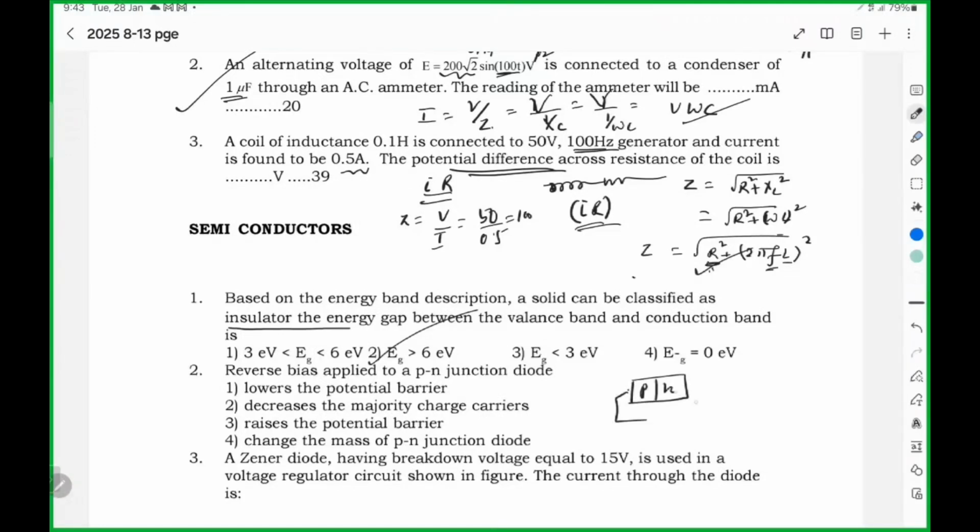Once it is reverse biased, the n side is connected to the positive terminal and the P side is connected to the negative terminal, so the majority charge carriers move towards the right, here towards the left. So the potential barrier increases.